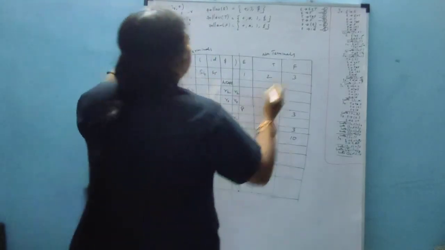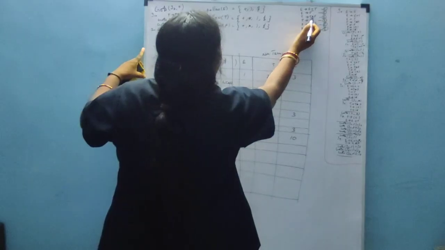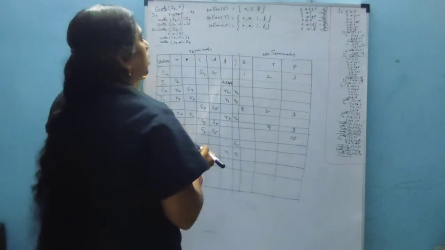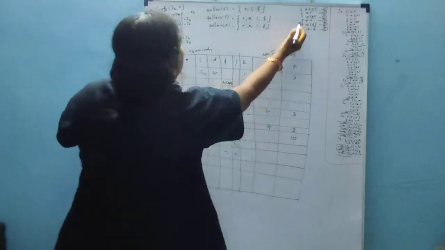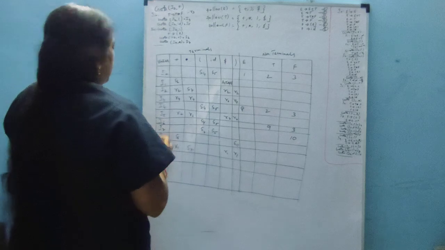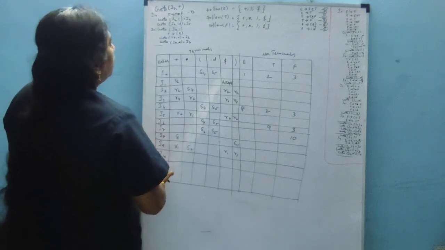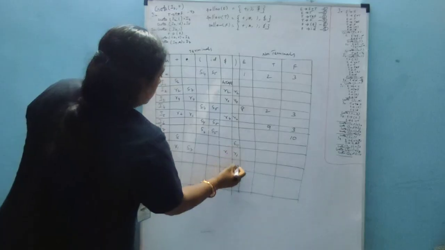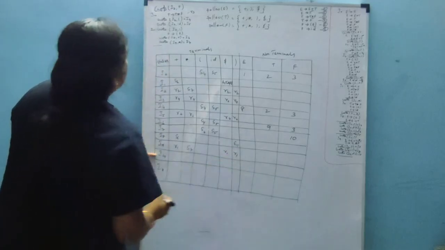Okay. T tends to T star F here. Statement, production number 3, R3. Follow of T, state number 10. Follow of T means plus, star, close bracket, dollar.